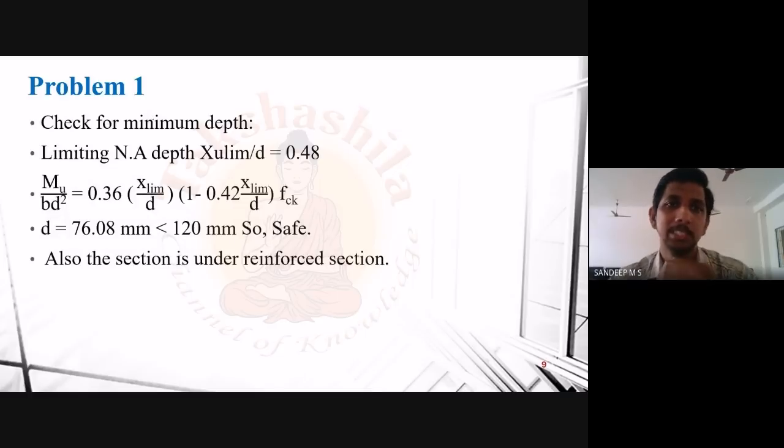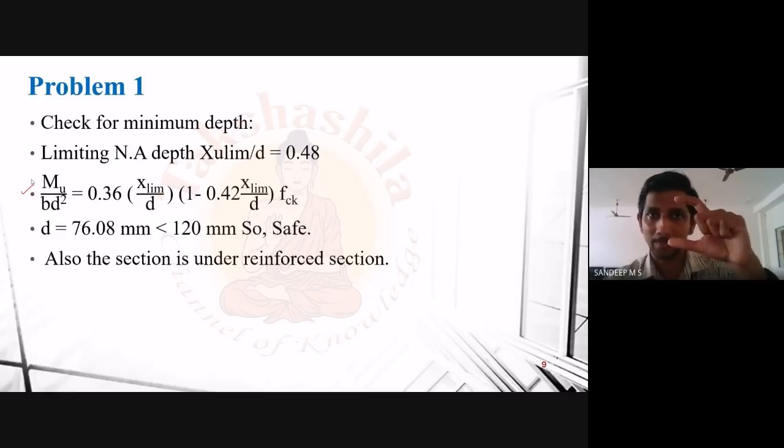Now, as we were doing in the case of beam, we have made some assumptions. We have assumed the effective depth to be like this, and now we will check whether it has been converted to an over reinforced section or not. For that, we have to use the equation corresponding to balanced section and find out the minimum depth required.